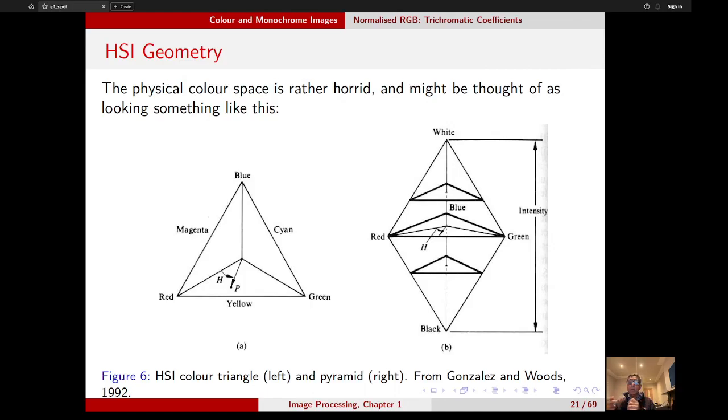You'd push the value somewhere towards the center of the pyramid, and you would still be moving along the red line, because we haven't got any other dominant color.